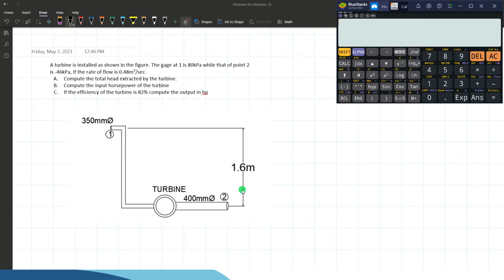Next, the last problem. We have a turbine installed as shown. The gauge pressure at point 1 is 80 kilopascal. Point 2, negative 46. Flow rate 0.48 cubic meters per second.